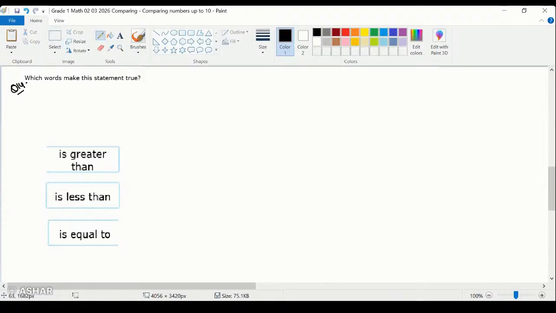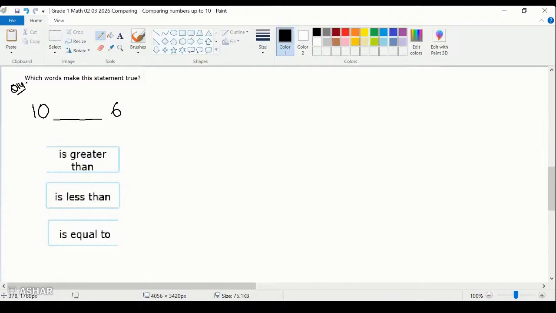The numbers given were 10 compared to 6. Is 10 greater than 6? Is 10 less than 6?